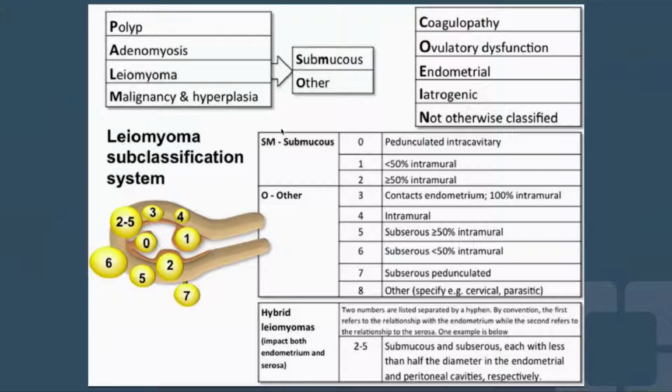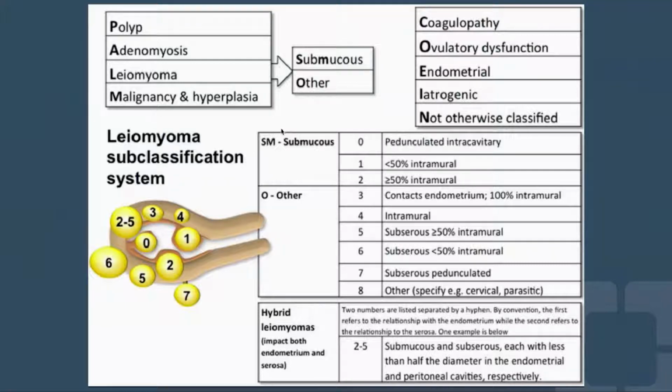We talked about the endometrium, sometimes a disordered endometrium, and this can happen as a result of contraception, birth control, or various other direct effects of hormones. We talked about iatrogenic causes, and then there's sort of a not otherwise classified catch-all, of course.